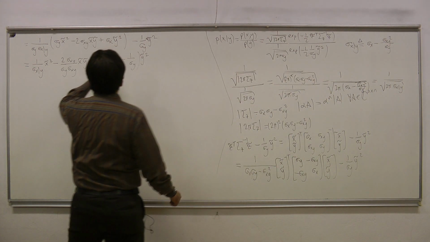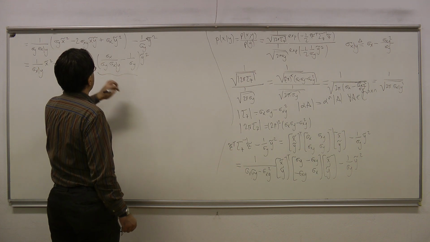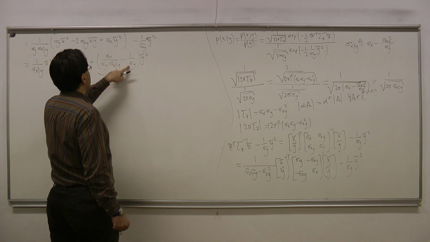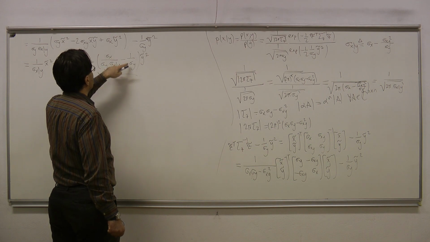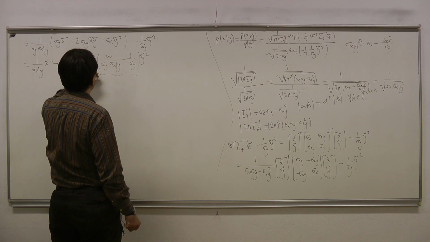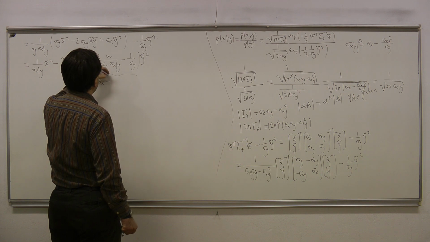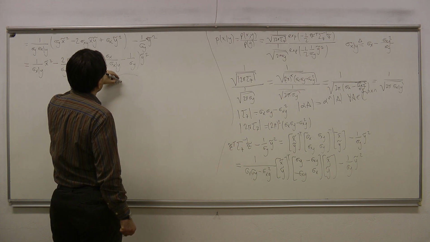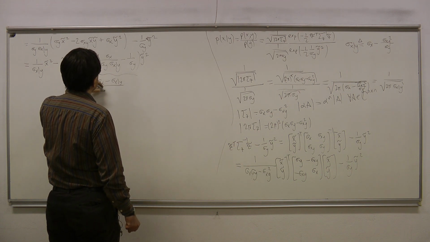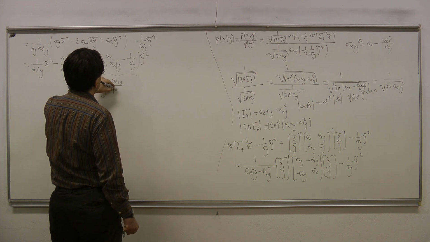So now let us calculate this difference here. I will multiply the second quotient here by sigma x given y, both numerator and denominator. It is going to be sigma x minus sigma x given y, divided by sigma y sigma x given y.